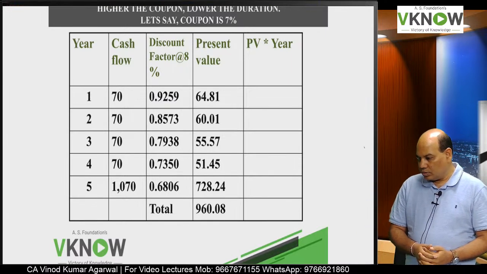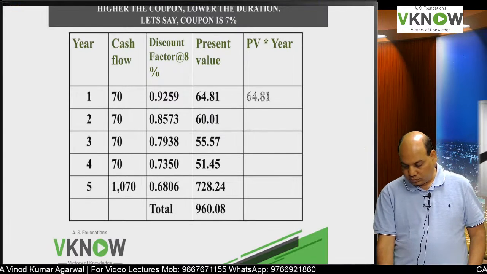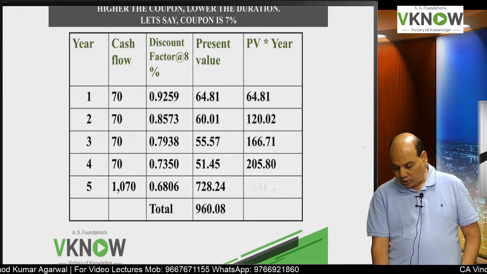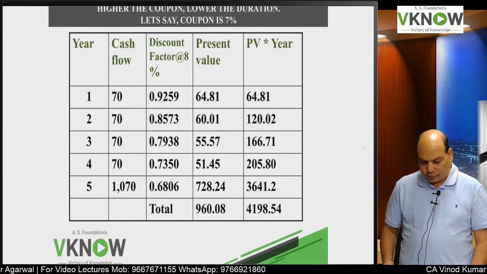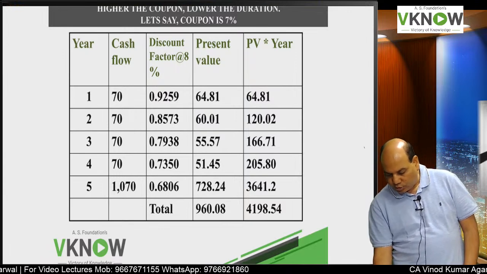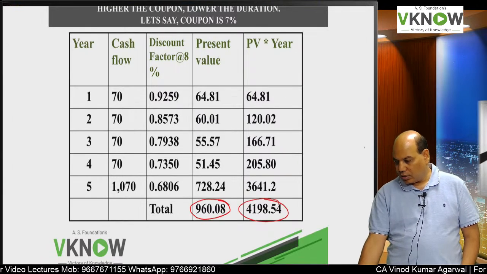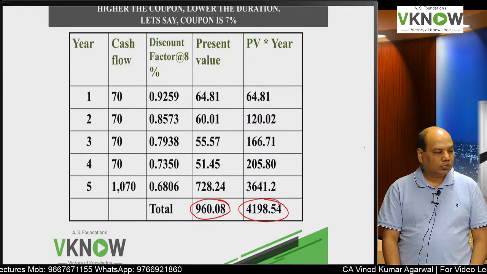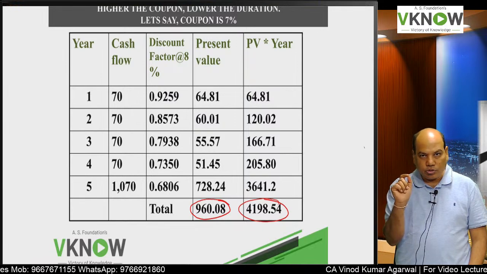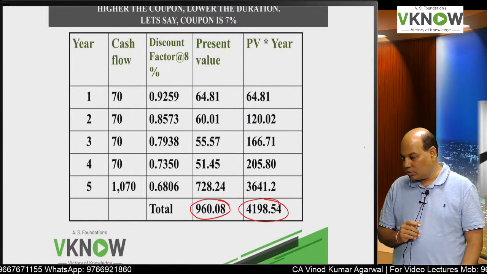Now you multiply year into present value and take the total of the last column, 4198.54. Otherwise, you can just note down these last two totals and check them later as homework.